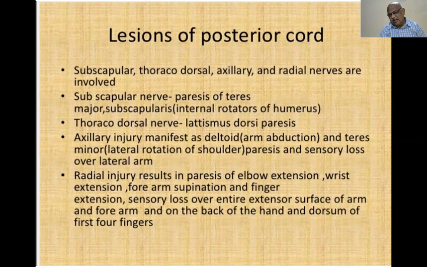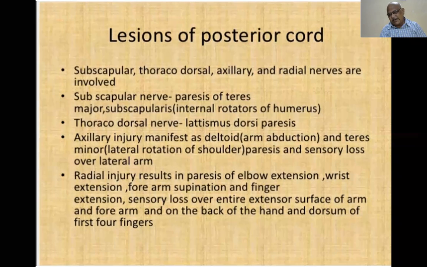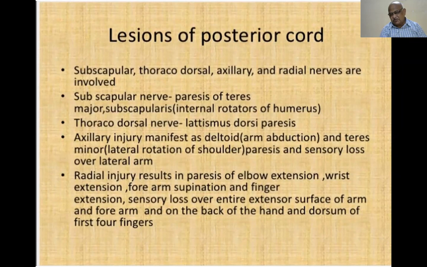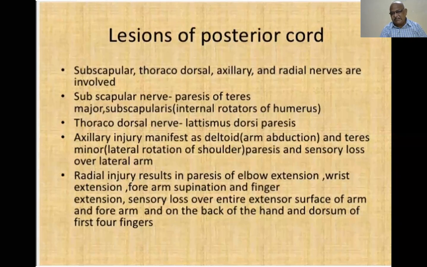So once the extensor nerve supply is lost, flexor action dominates. If the flexor nerve supply is lost, extensor action is increased. So the result will come vice versa.